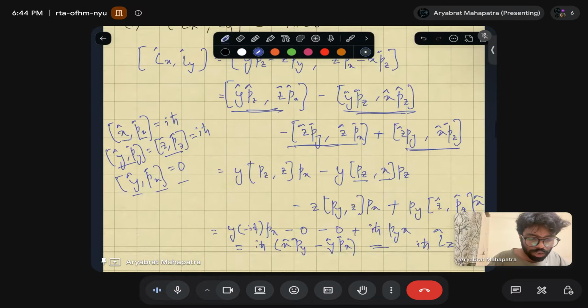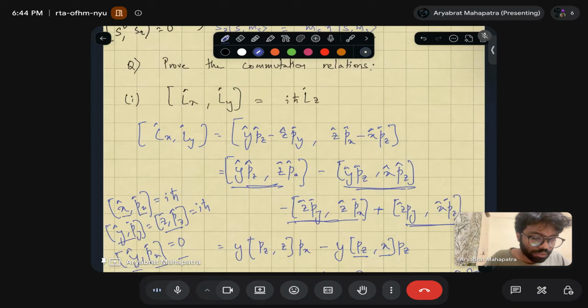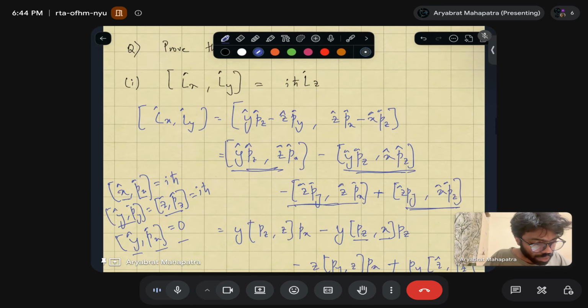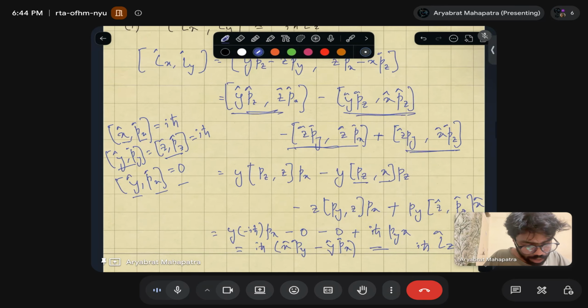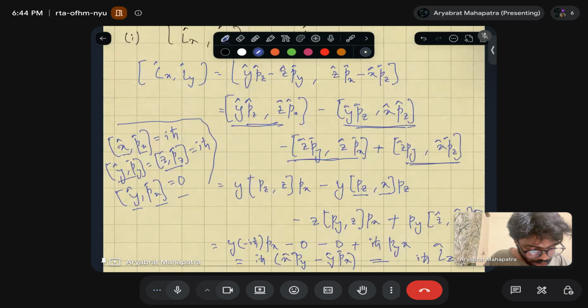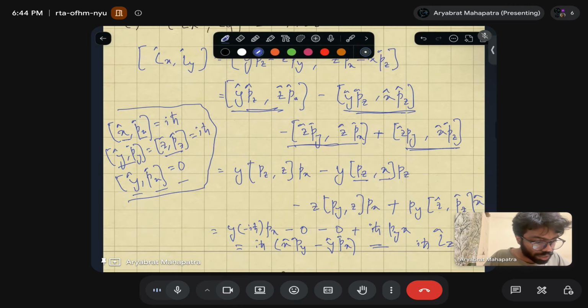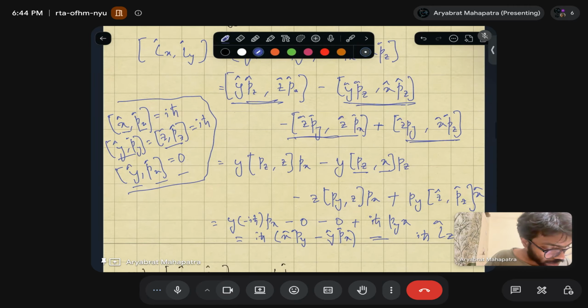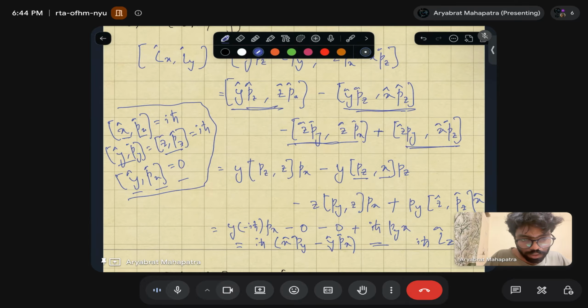This is how you can also try to check what you will find if you take the commutation of Ly and Lz. You will get i h bar Lx. And the same way, when you do Lz and Lx, you will get i h bar Ly. There also you will be using this fundamental commutation relation, and with that you can check the other cyclic commutation parts.